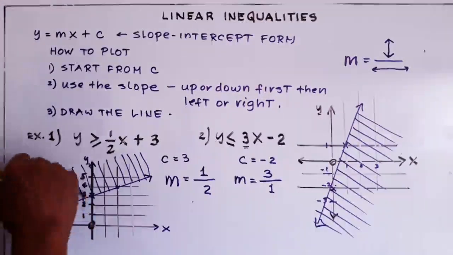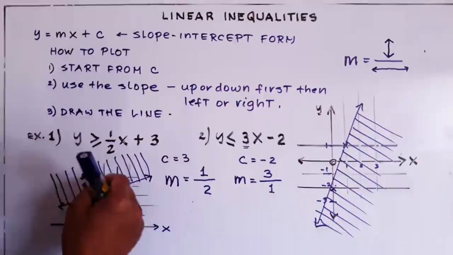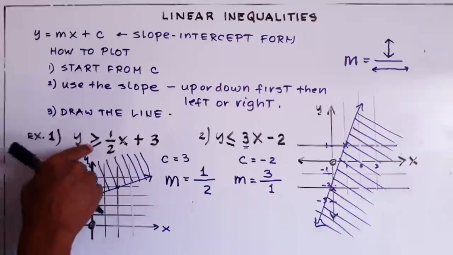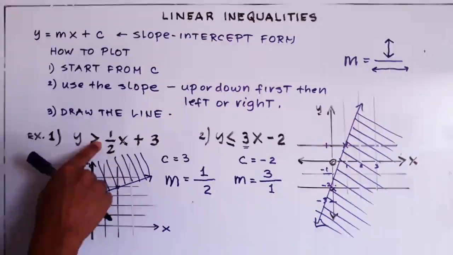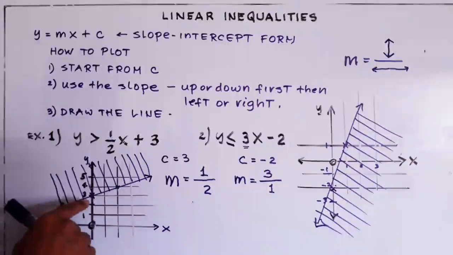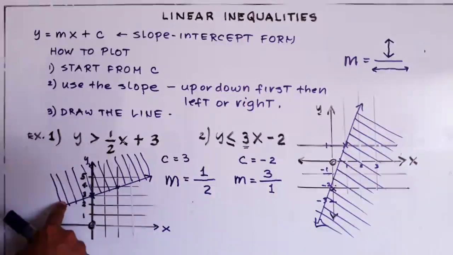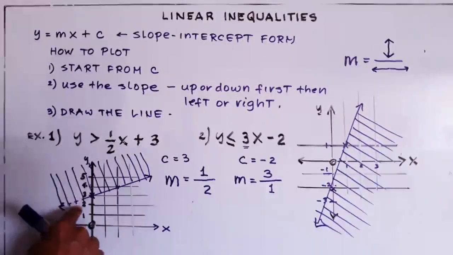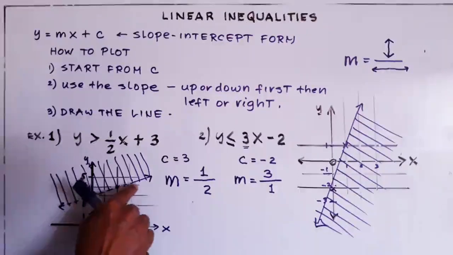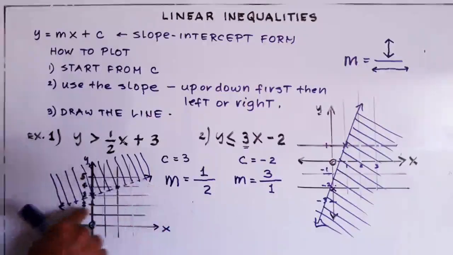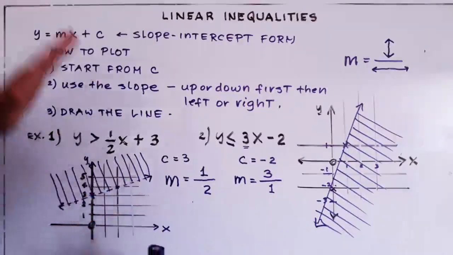Okay. Number 3 or 4 example. Now, what about class if we don't have this one, the equals here? What will happen if you don't have the equals and we have only the greater than? Your graph will only be like dotted here. Okay, it will be just dotted lines here. Dotted, if you have less than only or greater than, it's dotted, but the shading is the same.